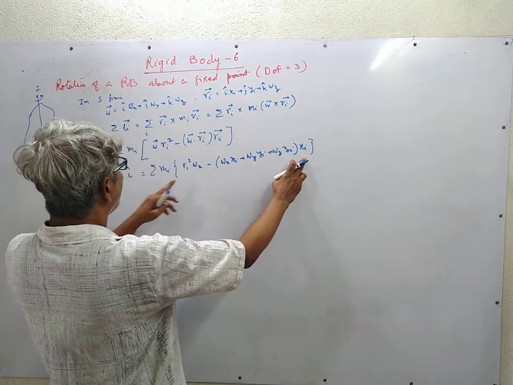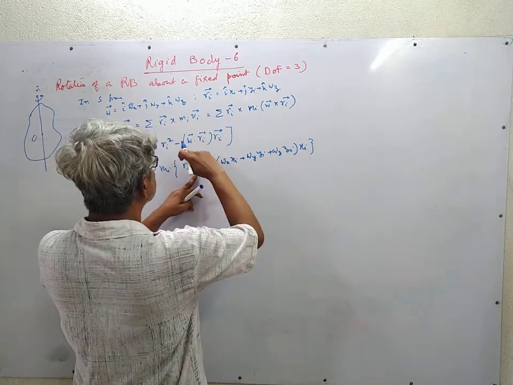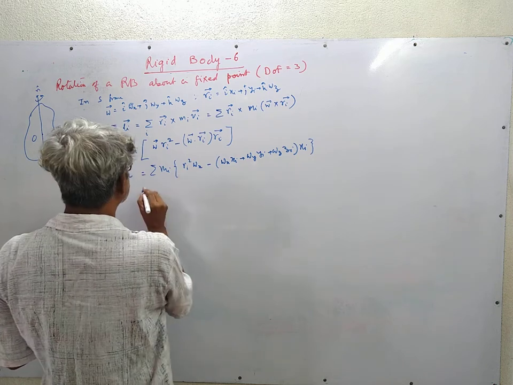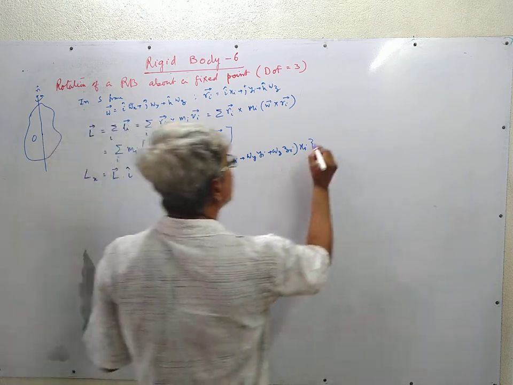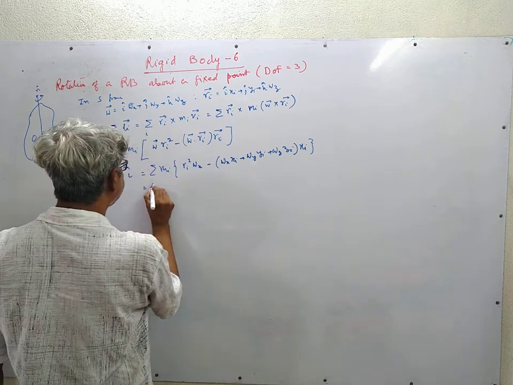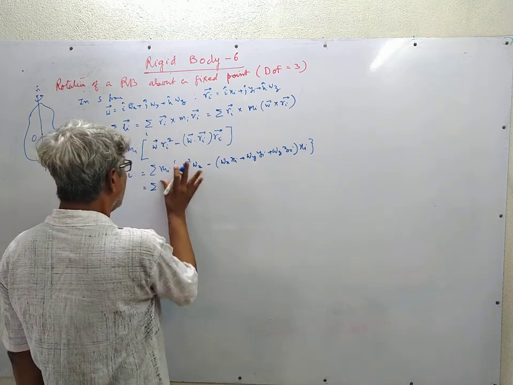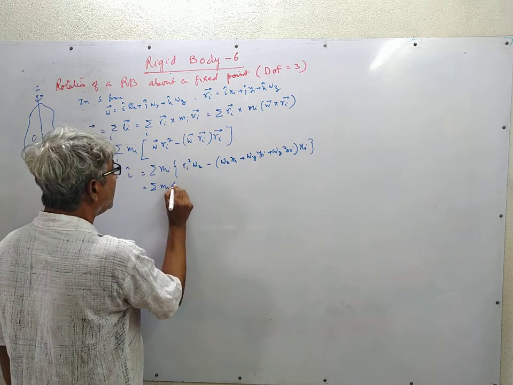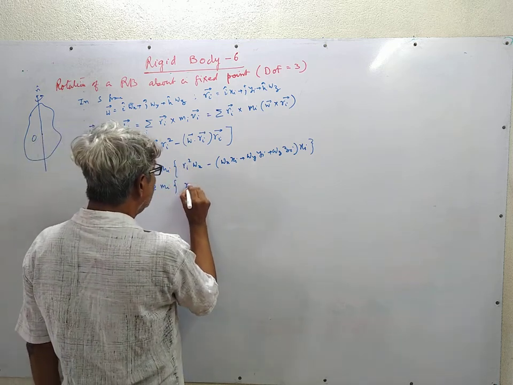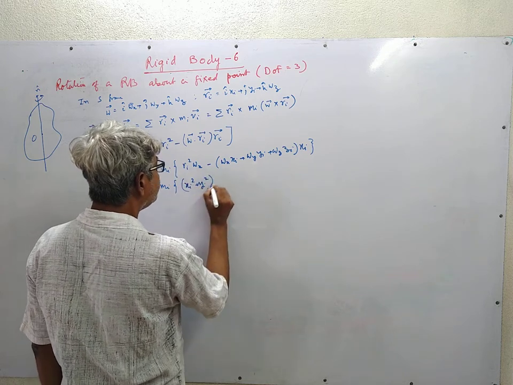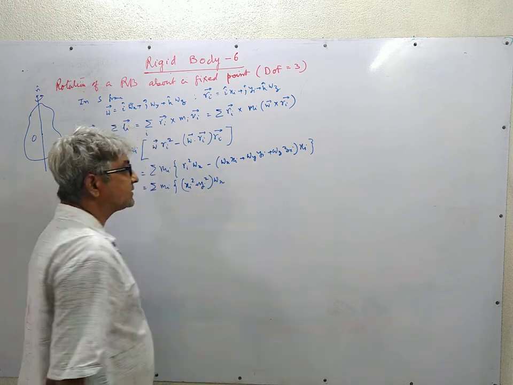So for the omega x component, this is xi square plus yi square plus zi square. This gets cancelled, and we can write it as summation over mi, xi square plus yi square, omega x.